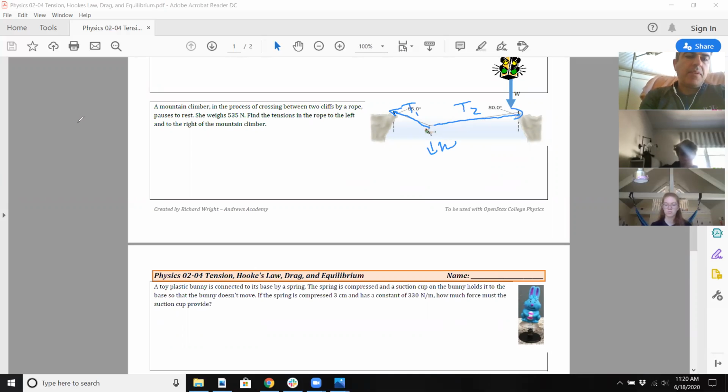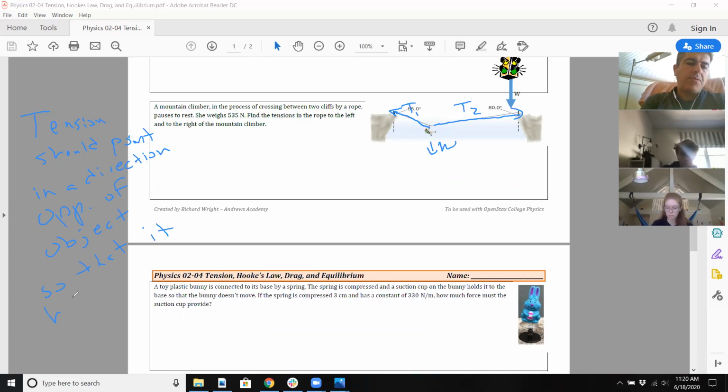So tension should point, that's probably a better way of saying it, opposite the weight so that it holds the climber up. So that's what we expect for tension.